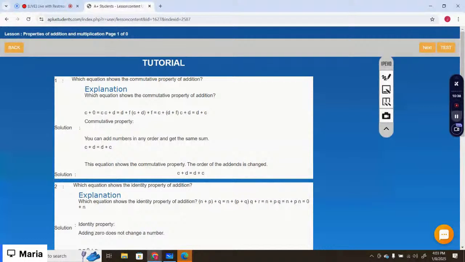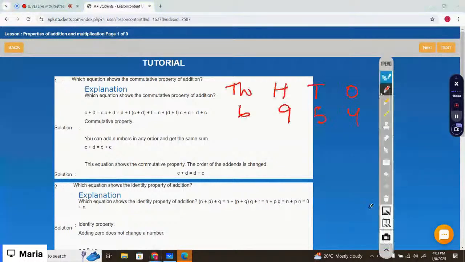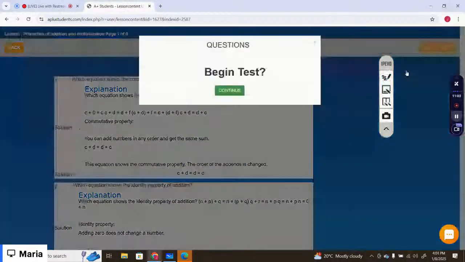Basically, the commutative property is when you have two numbers, just the order of writing the numbers is different. That is c plus d equals d plus c. This equation shows the commutative property. The order of addends is changed. Let's just start with the test questions.